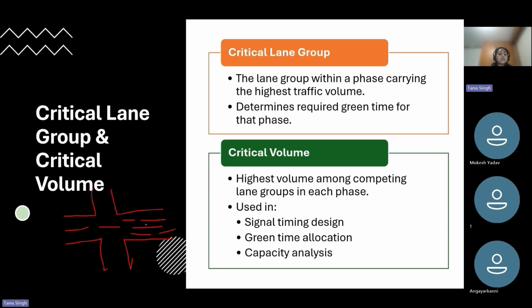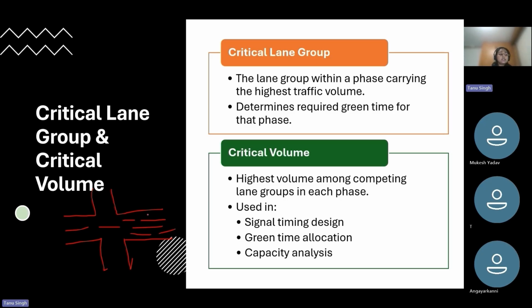So if there are two lanes, one lane will have, for example, more vehicles as compared to the other lane. The vehicles on this lane are termed the critical lane group, and the traffic volume present on this lane is termed the critical volume. This critical volume determines how much green time is required for that particular phase.